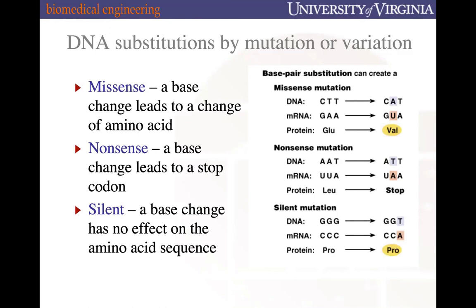And as we talked before about the wobble that exists within transfer RNA and how the third nucleotide within a codon can change but still be encoding for the same amino acid, when we have a mutation but it still encodes for the same amino acid, we call that a silent mutation. Again, the end product is still the same. We still get the same amino acid.